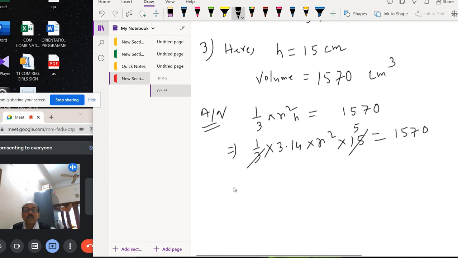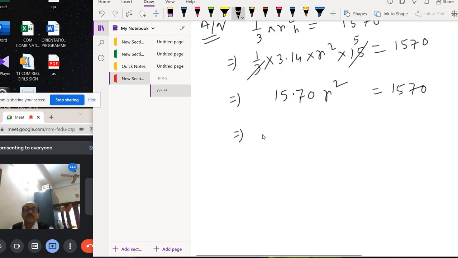Now multiply 3.14 into 5. That is 15.70. So r square equal to 1570 by 15.70.